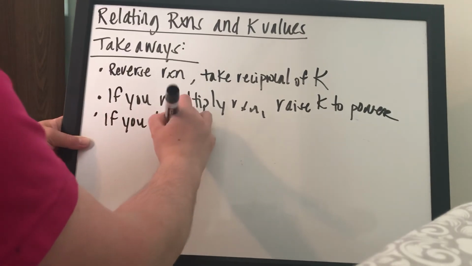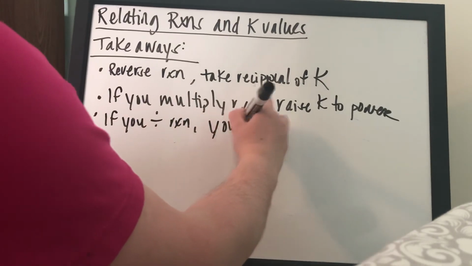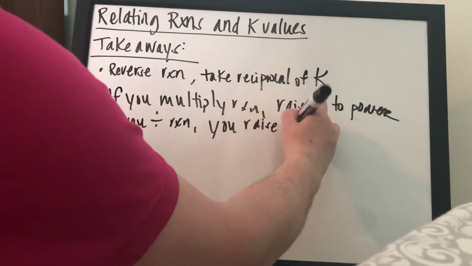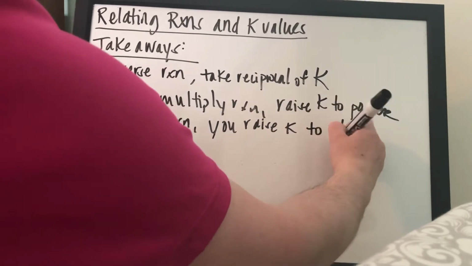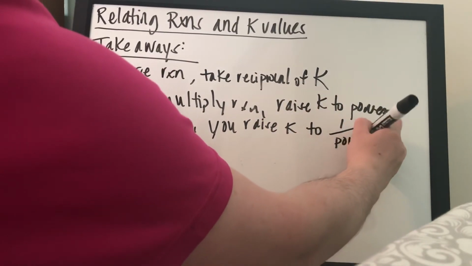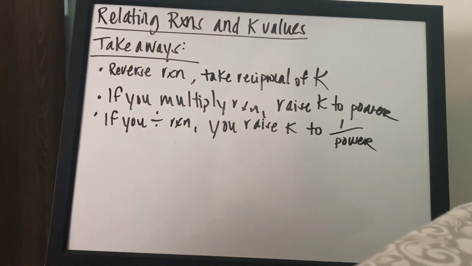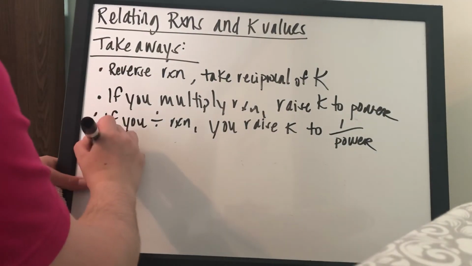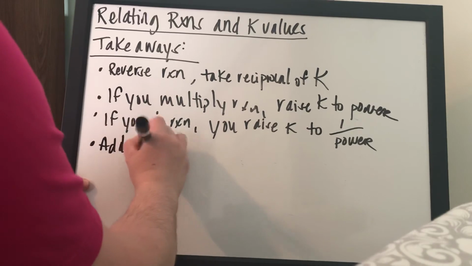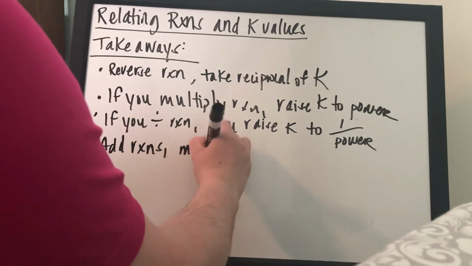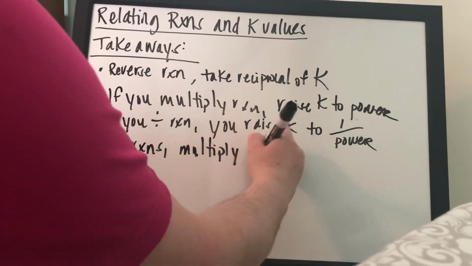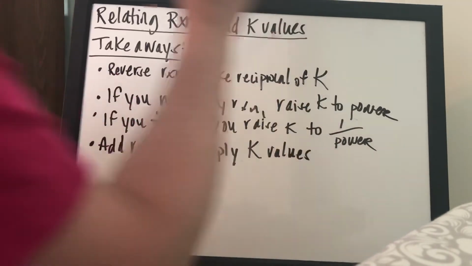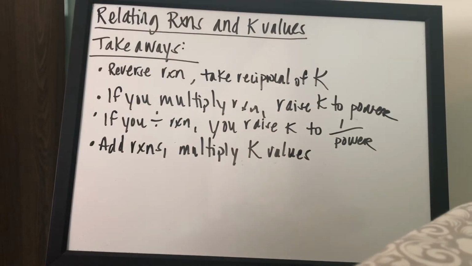If you divide a reaction, you raise K to 1 over that power. And when you add reactions, you multiply your K values. Those are your takeaways.